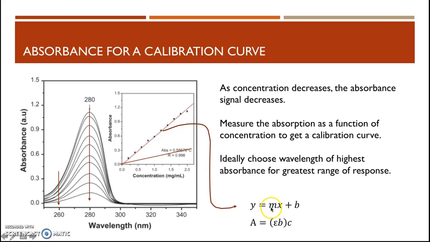Your slope is going to be equal to the molar absorptivity times the path length, and then your x-axis is the concentration axis. You may have an intercept depending on how much random error you have in your solutions. But theoretically it should be 0, because if you have no analyte present or no food dye present, you should have no absorption.